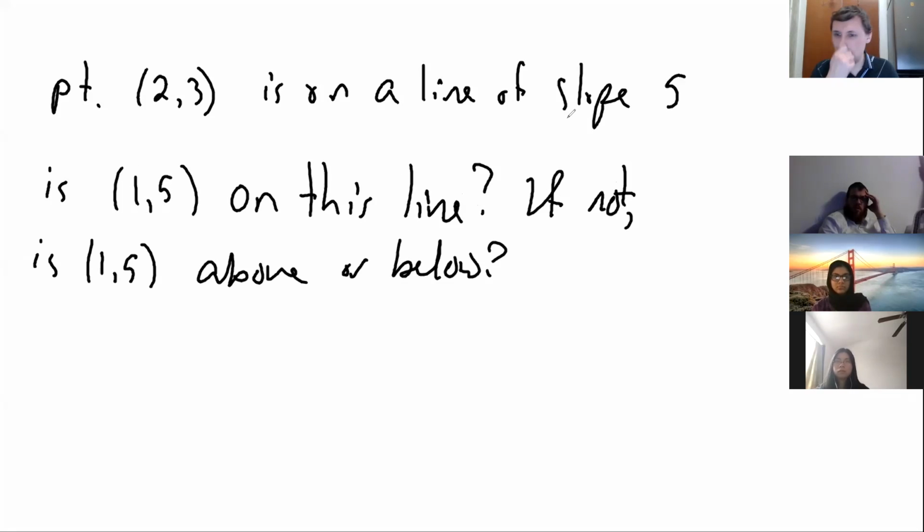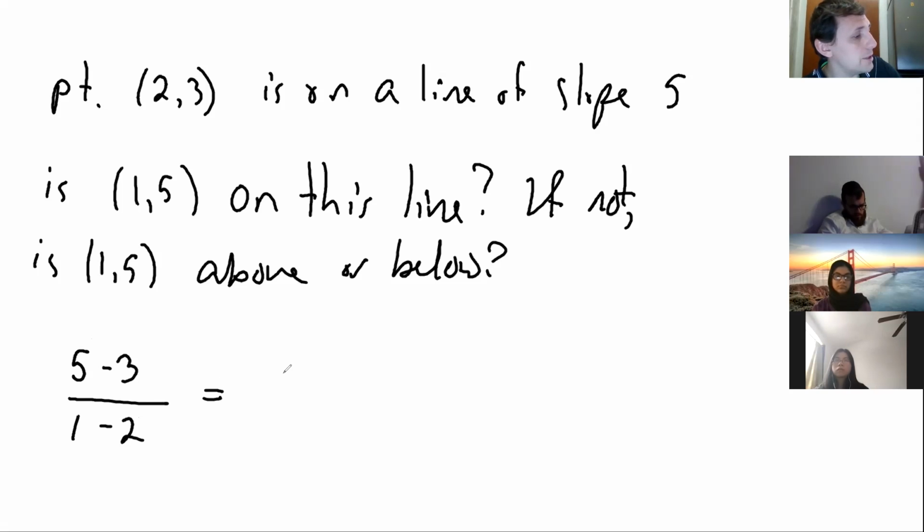Above or below the line, naturally, right? So you see what I do: I take this other point (1, 5) and try to calculate the slope resulting from a line crossing (1, 5) and (2, 3). So I say 5 minus 3 divided by 1 minus 2, and I get 2 divided by minus 1, so it's minus 2. And minus 2 is less than 5. Minus 2, by the way, means that I am descending.